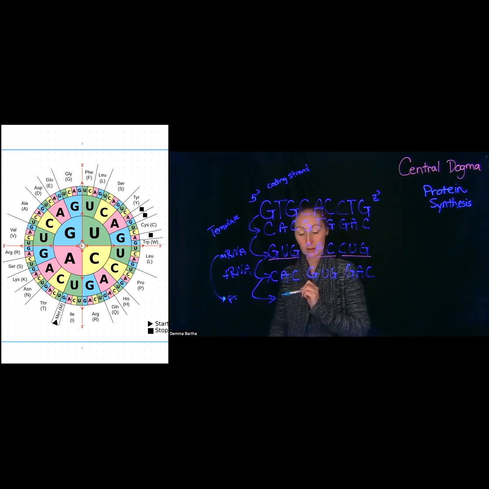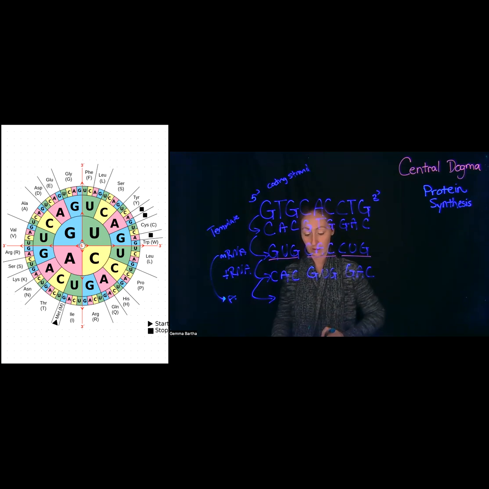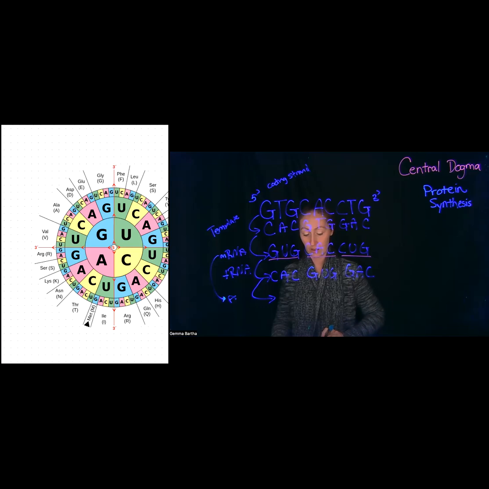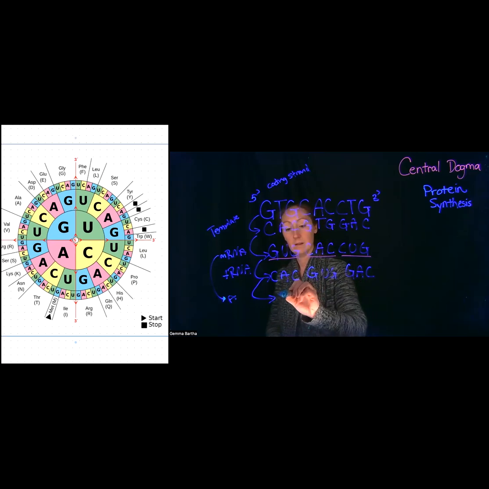And if I was to take a look at our genetic code table, which is right over there, GUG, oh, sorry guys, let me just move this over. GUG is valine. So this would be VAL.